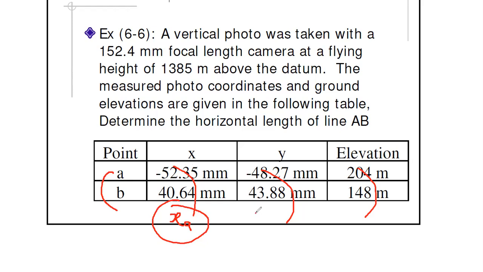Someone says he doesn't understand over here. y subscript a, you have to write it yourself and say that y subscript a is equal to minus 48.27. Now 204 m is actually smaller h subscript capital A. What it means is that I can confuse you by simply putting here, instead of AB, CD, and then when you look in the formula, it wouldn't make sense.